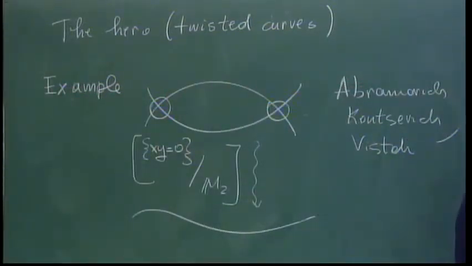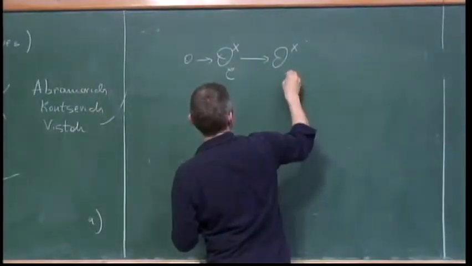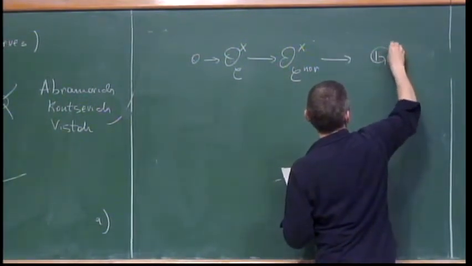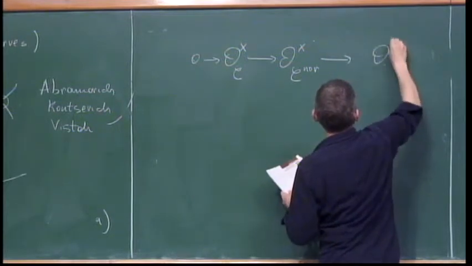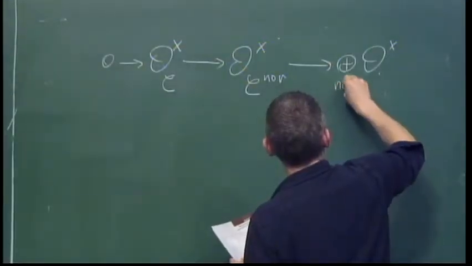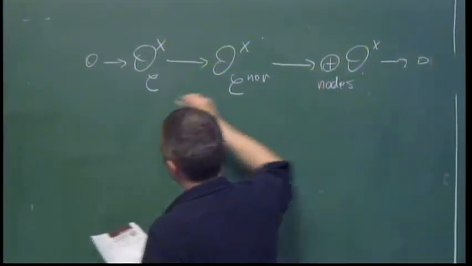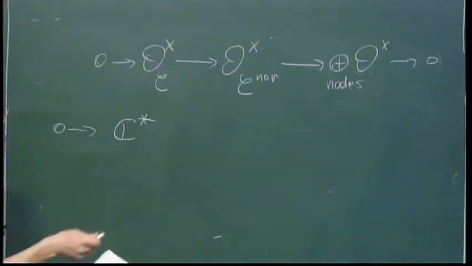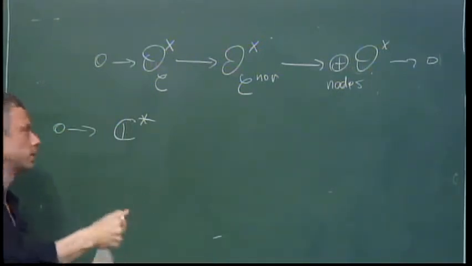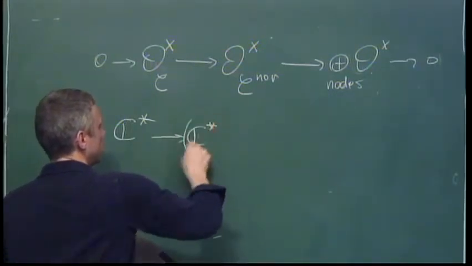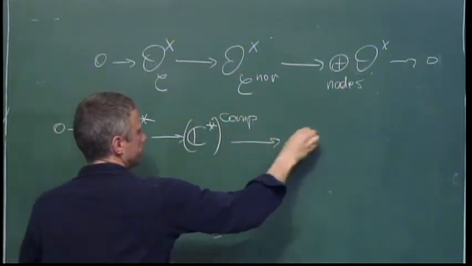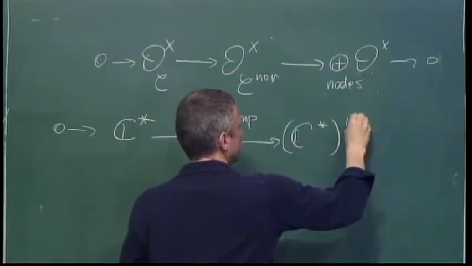For example, the sequence that you usually use to compute the Picard group is still here. And it still induces the good old sequence. Let me write with C star. I haven't insisted too much on the fact that I want some generalization in positive characteristic. So this goes all well.